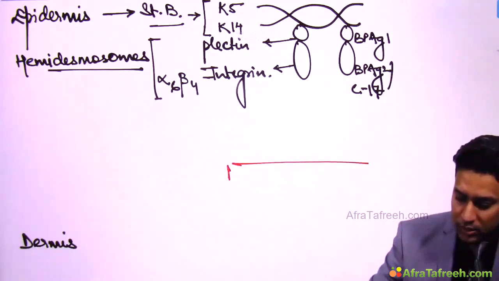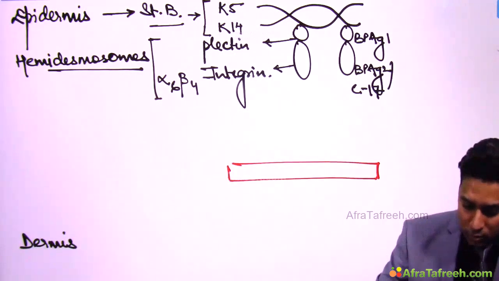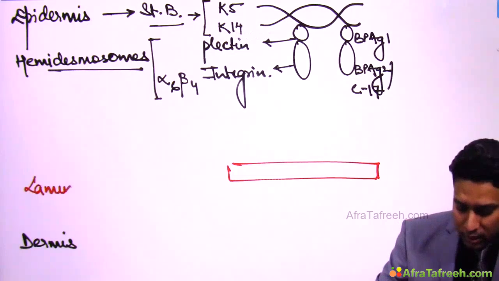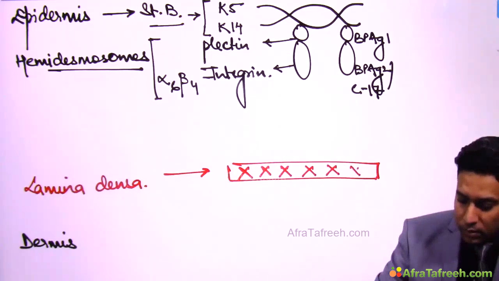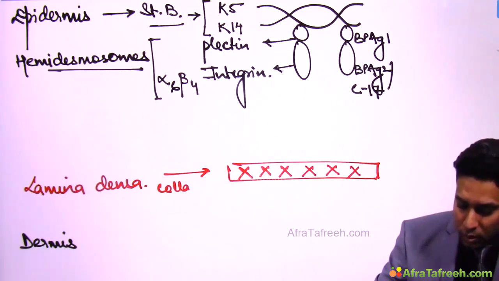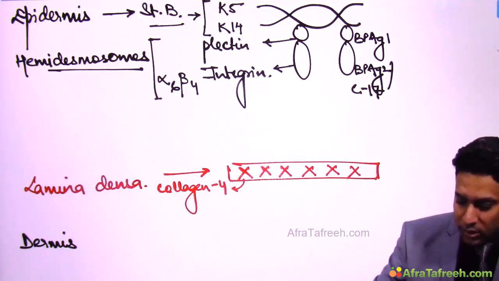Below this there is a layer known as lamina densa. In lamina densa you will find matrix of collagen 4 and also proteins like nidogen.